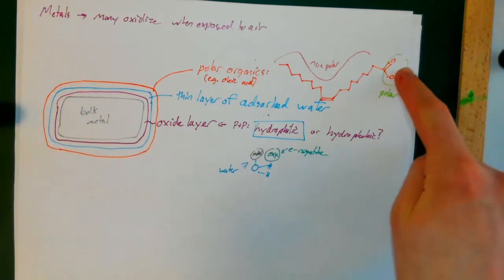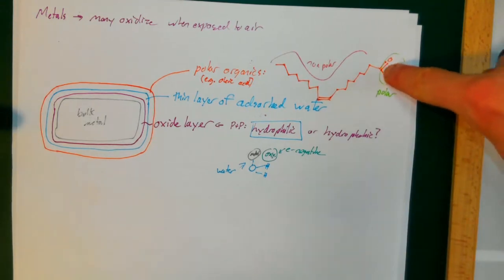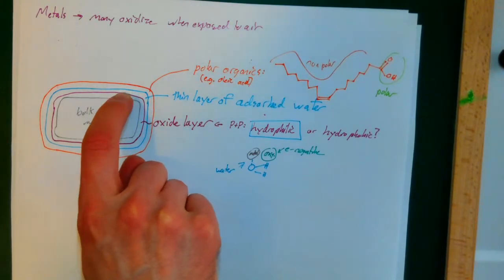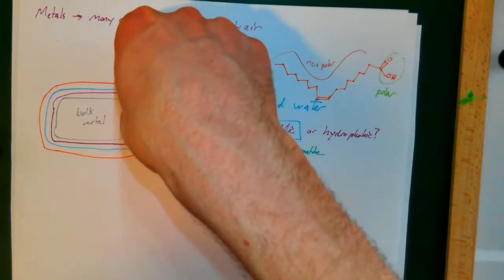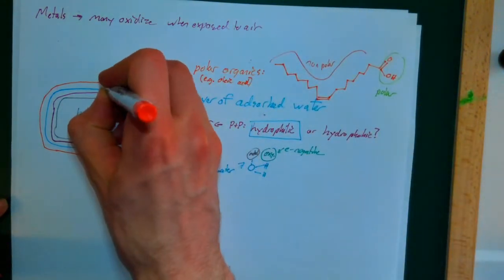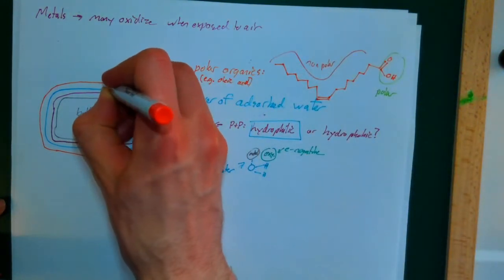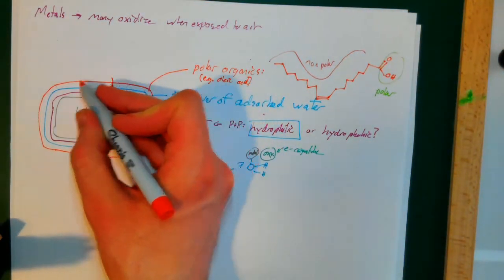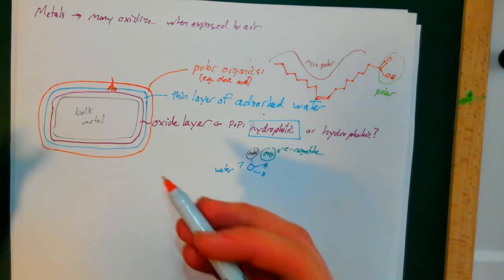And basically what happens? Well, the polar parts of these polar organics are attracted to the water underneath. So they all end up with the polar parts right here, for example, like the OH, and they all stick their nonpolar tails out towards the outside.